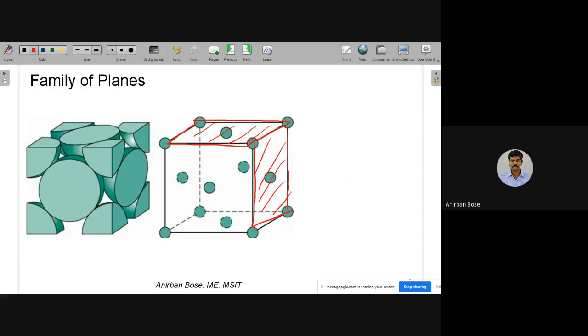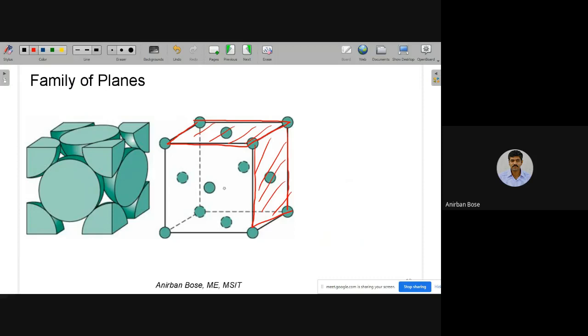Rather, all 6 surface planes are physically similar, so those will be within the same family. It need not be that planes which are parallel have to be within the same family. They may not be in the same family, but by family of planes we mean the members having the same physical situation.